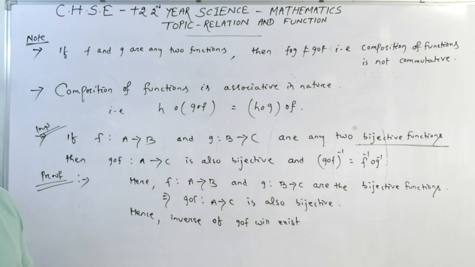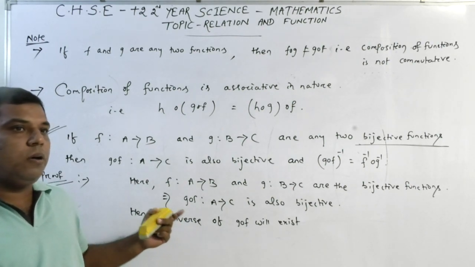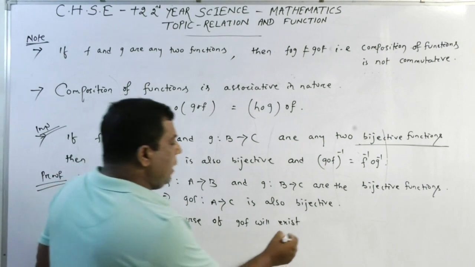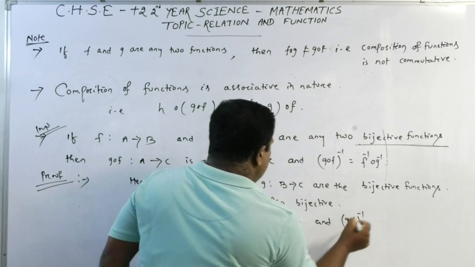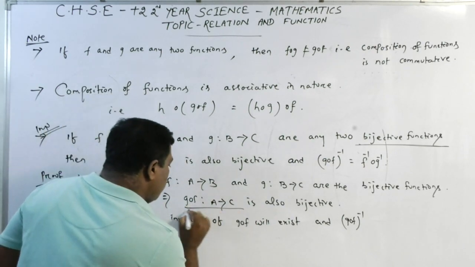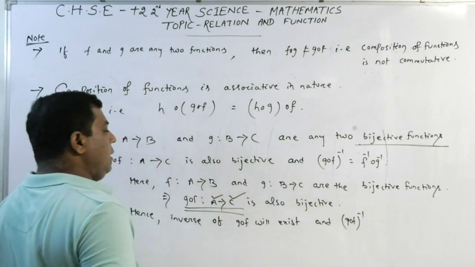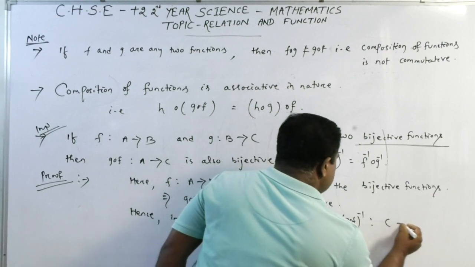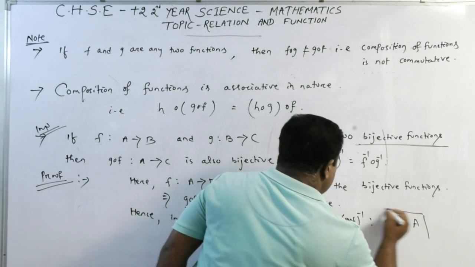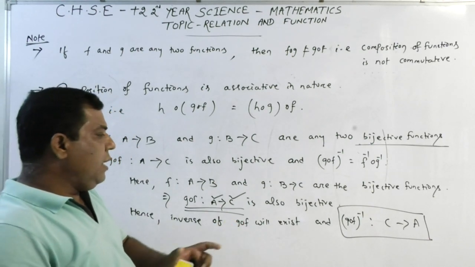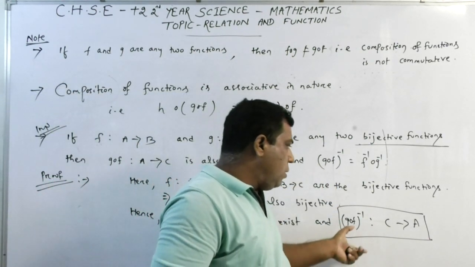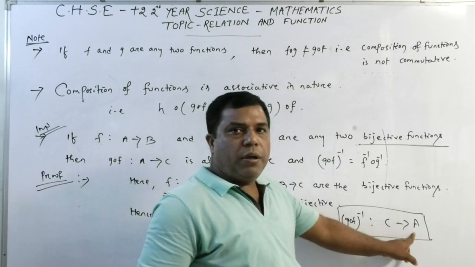Otherwise we can't find the inverse of gof. If initially gof is from set A to set C, then (gof) inverse is a reverse process, so it is from C to A.